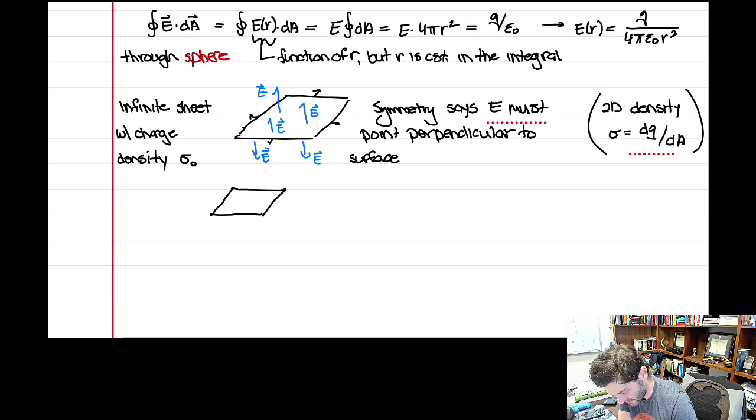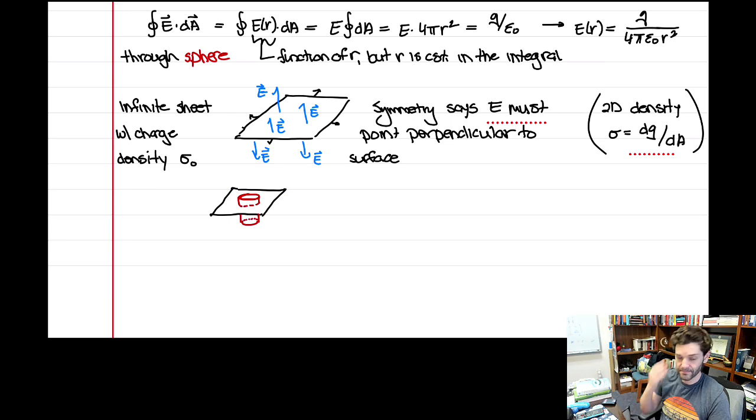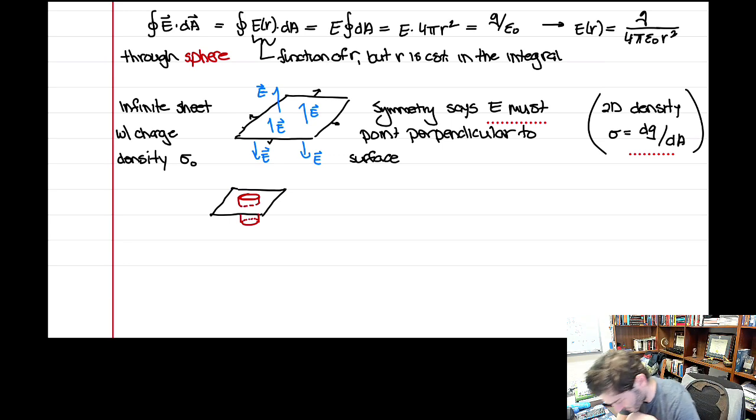So let's use what I feel like is sometimes called the Gaussian pillbox. Essentially I'm going to use just a cylinder as my surface. So the cylinder pierces the sheet and then comes down on the other side.